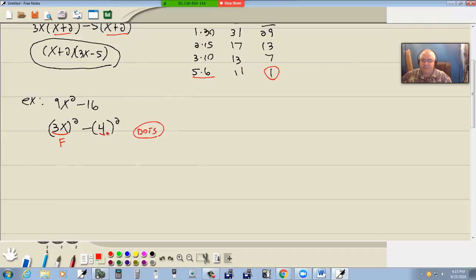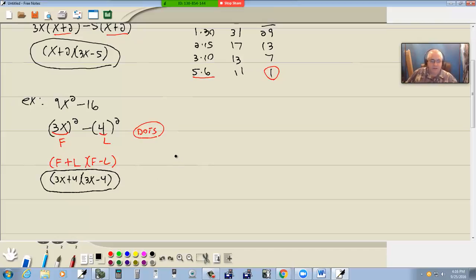I'll label what's in the last set of parentheses as L for last. And our formula is F plus L times F minus L. So everywhere I have an F, I'll plug in 3x, and everywhere I have an L, I'll plug in 4. So I got 3x plus 4 times 3x minus 4. And that's our answer.